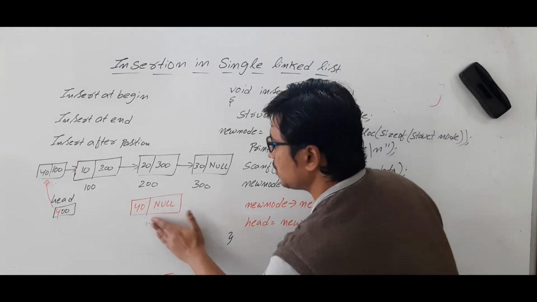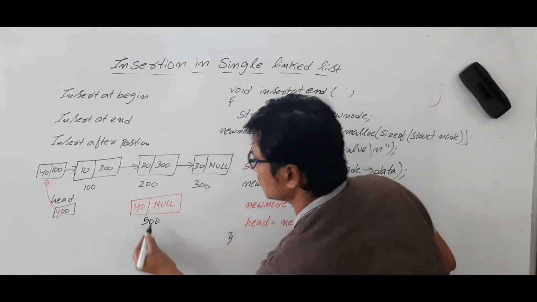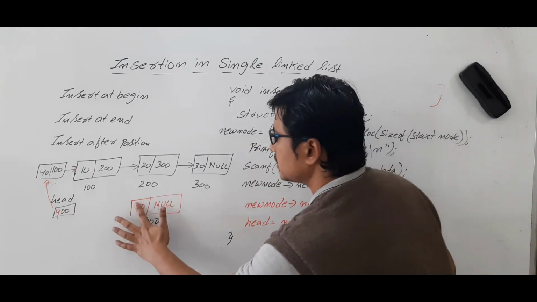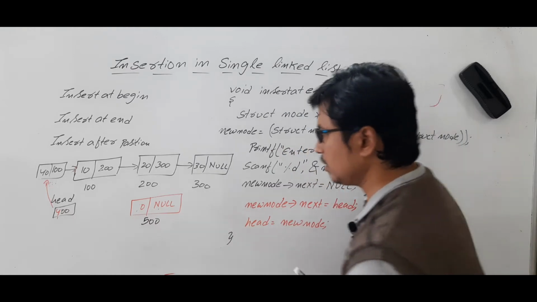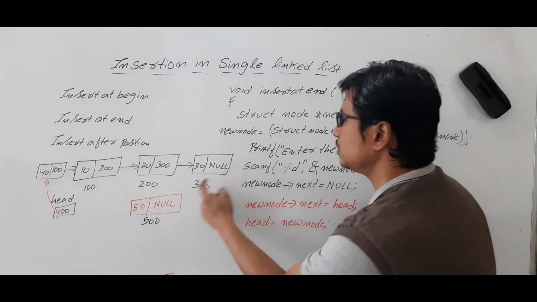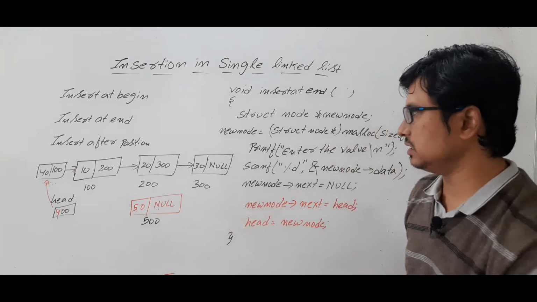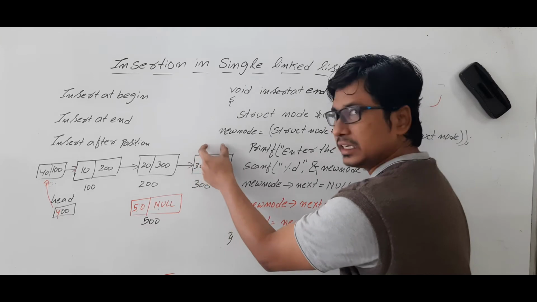Let's take that you have created a new node at the address of some 500 location, and the user has entered the value 50. Now insert at end means you have to insert after this node. After this node, if you want to insert, some pointer should be pointing here.